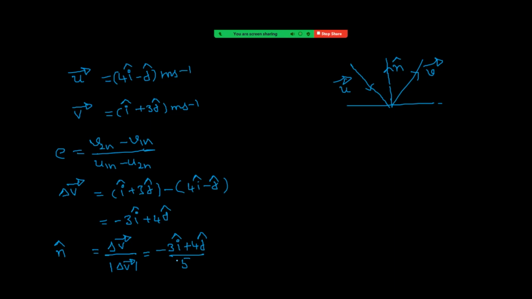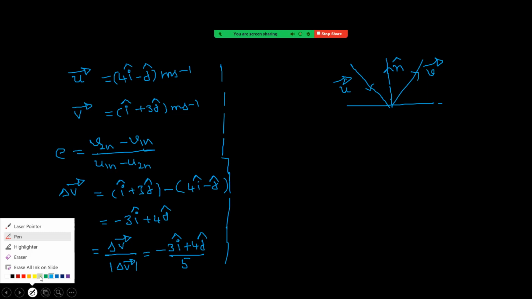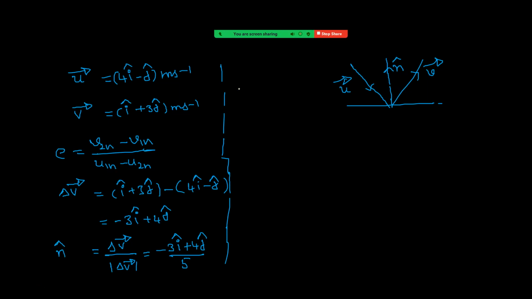Right. Now focus carefully on how to find components. Remember while learning vectors, right? Taking components. So we want a component of u bar along the common normal.